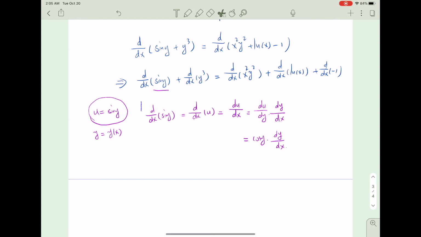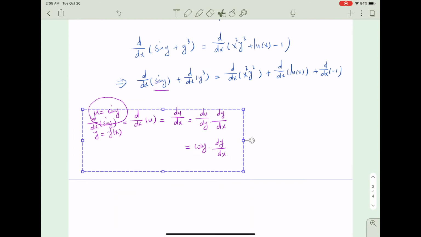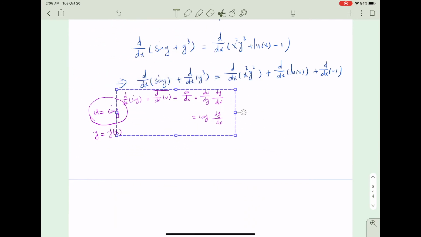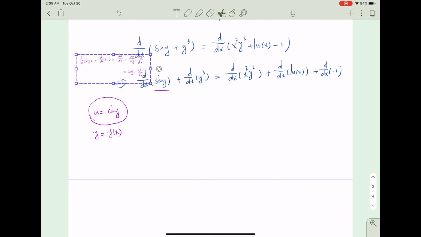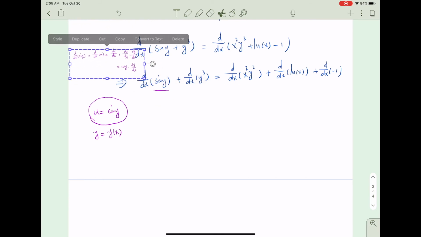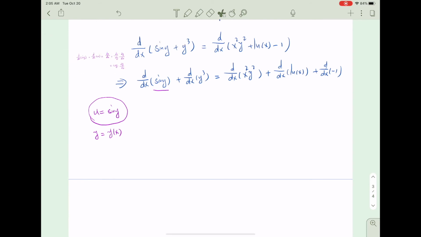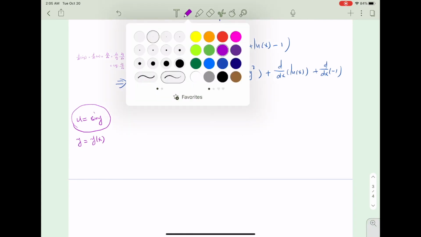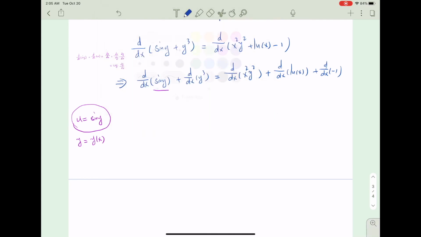Okay, so after this explanation, we know that the first term on our left hand side is supposed to be cos of y times dy over dx.